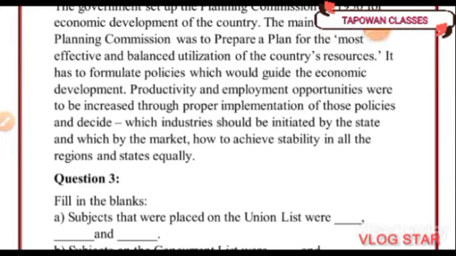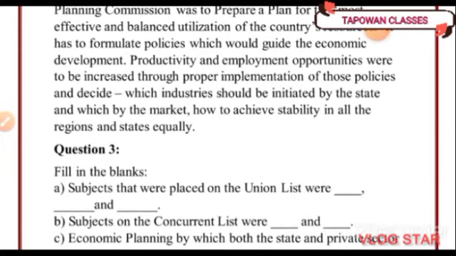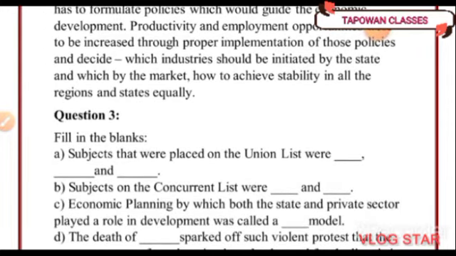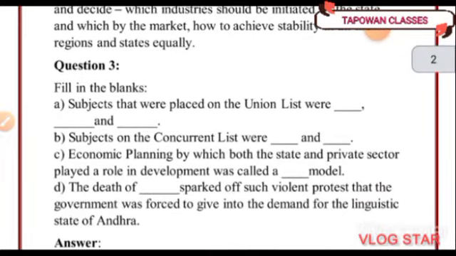Productivity and employment opportunities were to be encouraged through proper implementation of these policies, and it had to decide which industries should be initiated by the state and which by the market, and how to achieve stability and equality in all the regions and states.